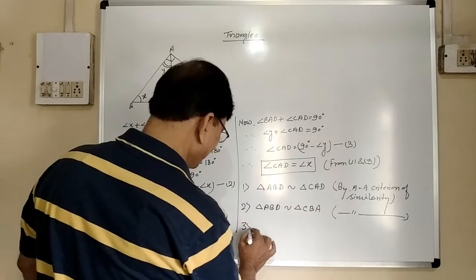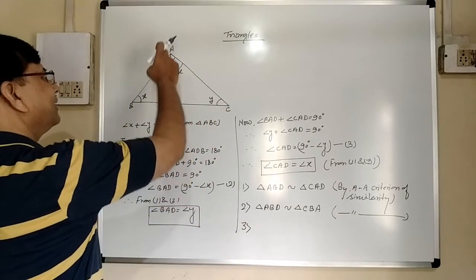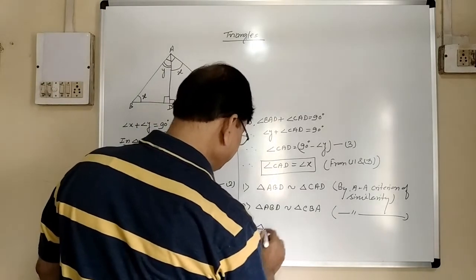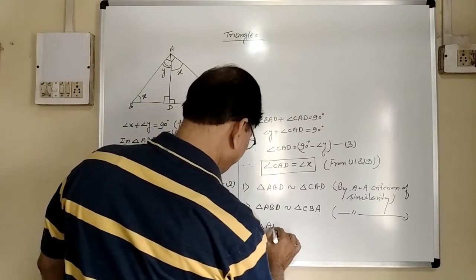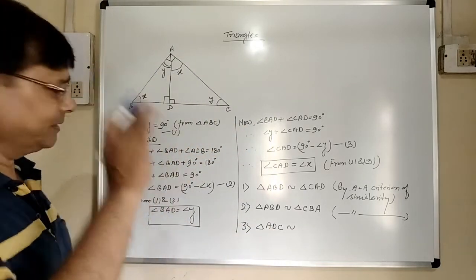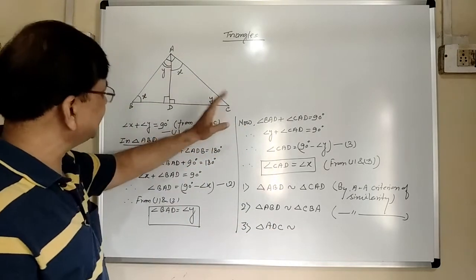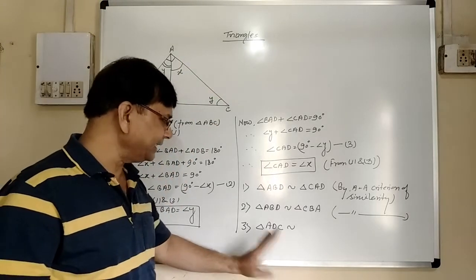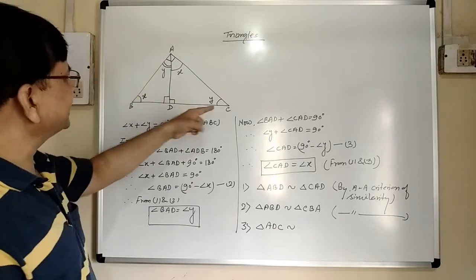The third one we will go for, we will take the triangle ADC. This triangle, is it similar to ABC? Whether it is similar or not, that we have to look at. We have taken ADC for the big triangle ABC.